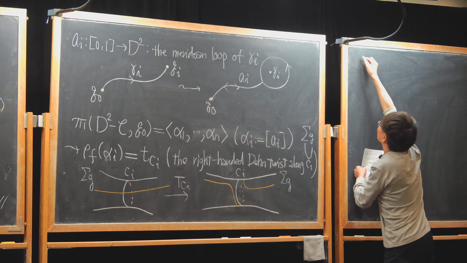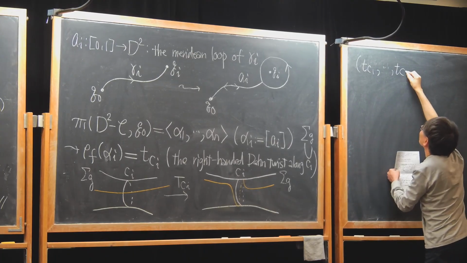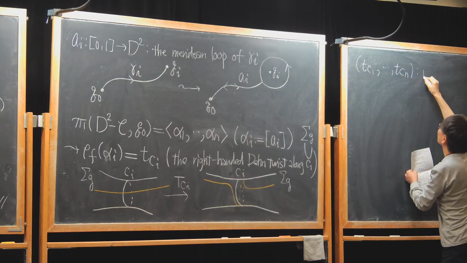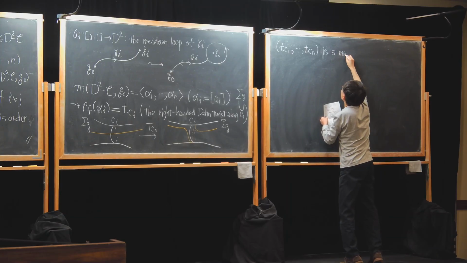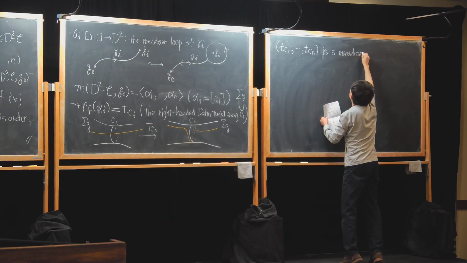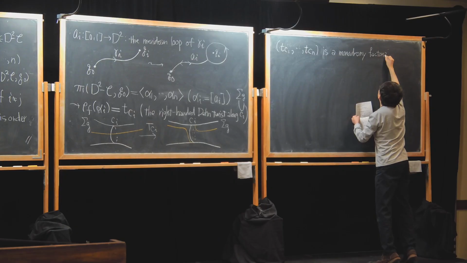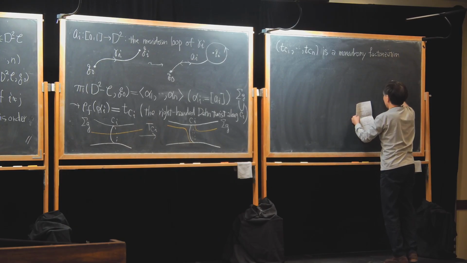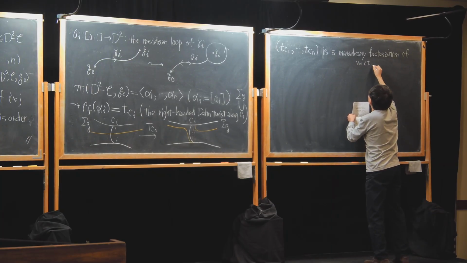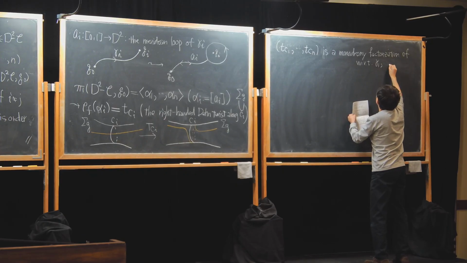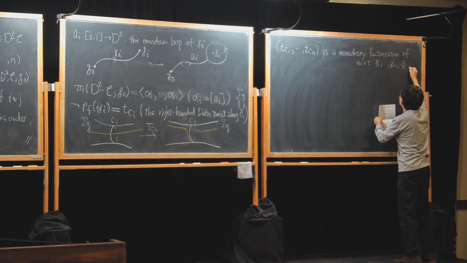And the ordered set of right-handed Dehn twists t_{c_1} to t_{c_n} is called a monodromy factorization of F with respect to gamma 1 to gamma n, and also phi.